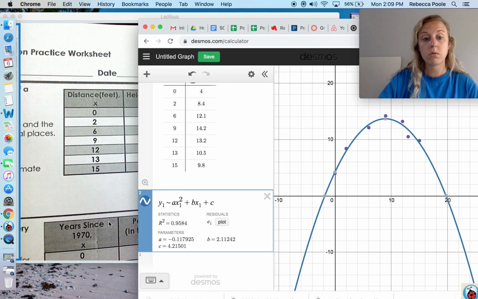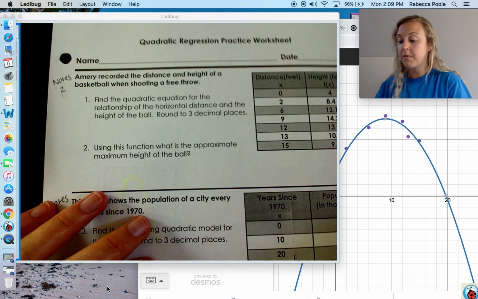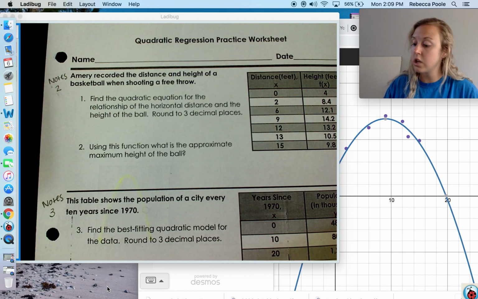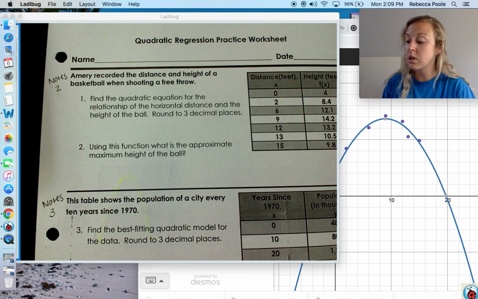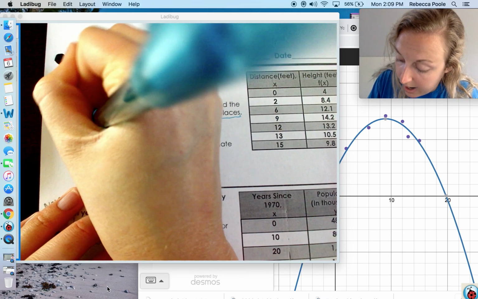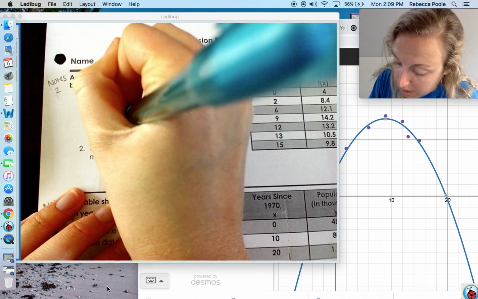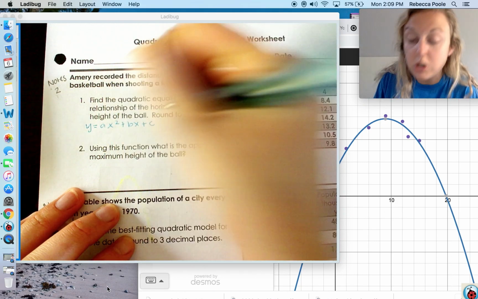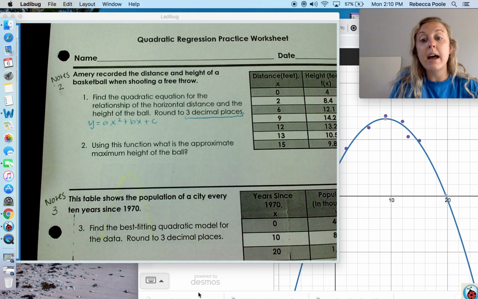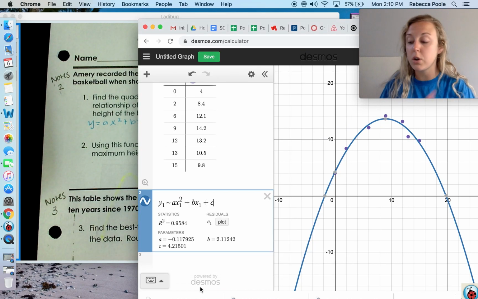So, for number 1, where it says find the quadratic equation for the relationship, round to 3 decimal places, I'm going to use y equals ax squared plus bx plus c. Remember, you could have also done vertex form, okay? But I'm going to put in the a, b, and c value that the computer gave me.